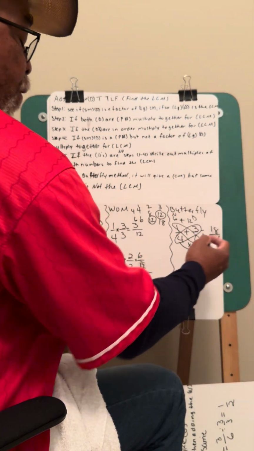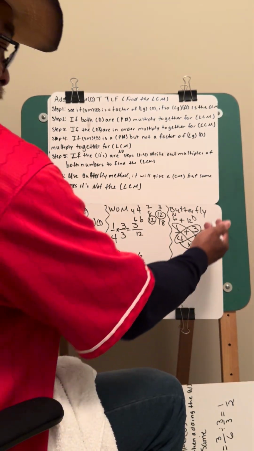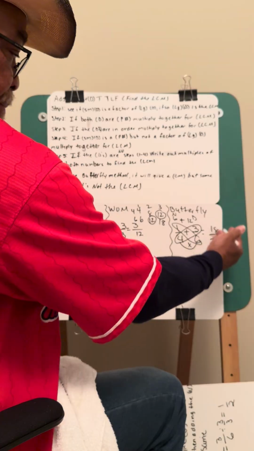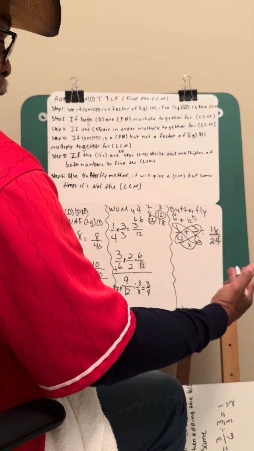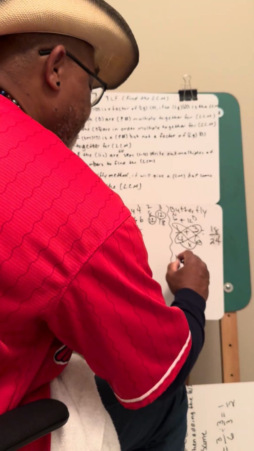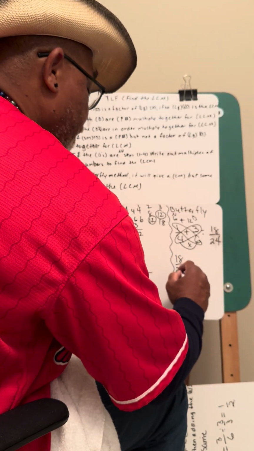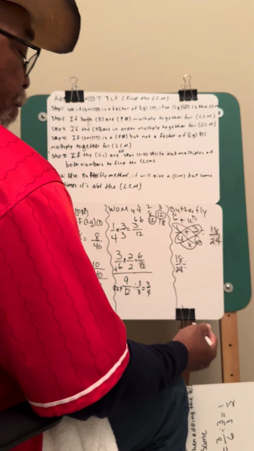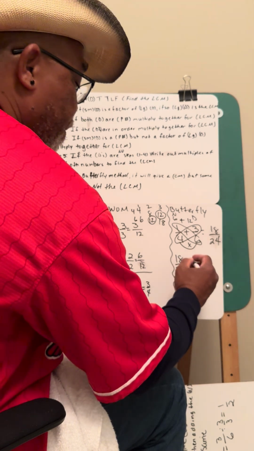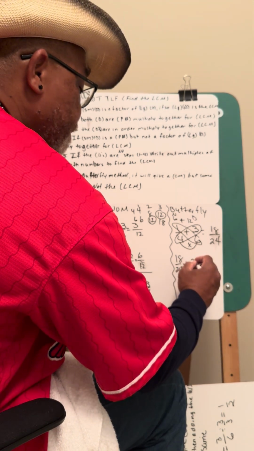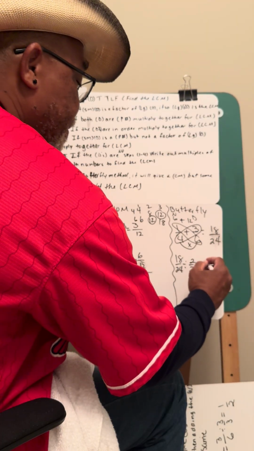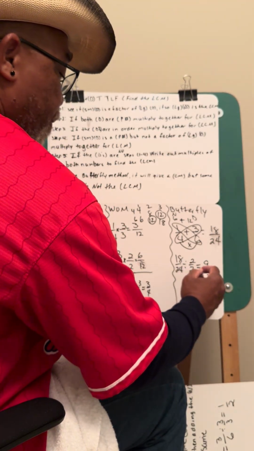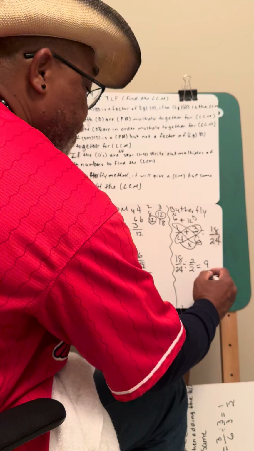So 24 is a common denominator, but it's not the least common. So usually when you get butterfly, you're going to get large fractions to reduce. So I have 18 over 24. And if I don't know it, since both of them are even, I'm going to use 2. 18 divided by 2 is 9. 24 divided by 2 is 12.